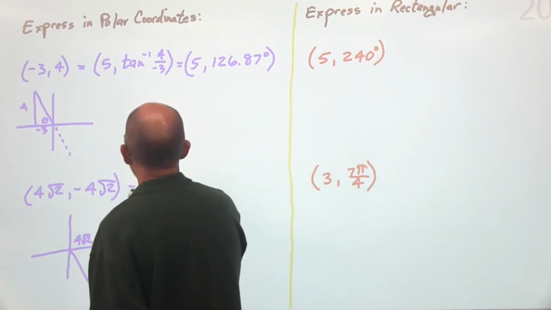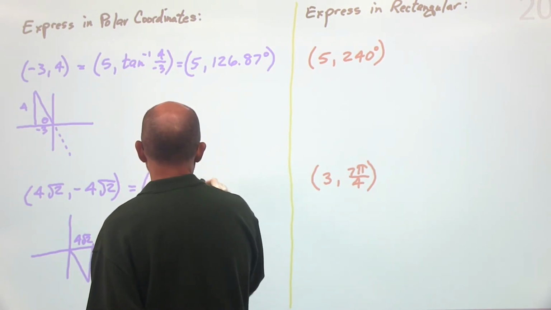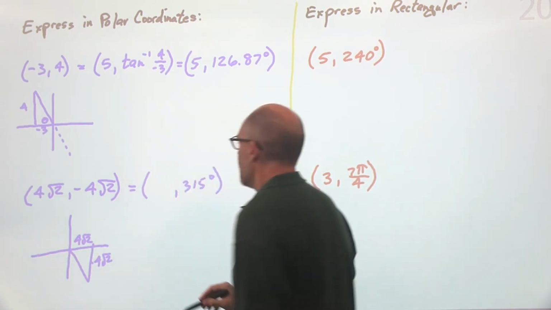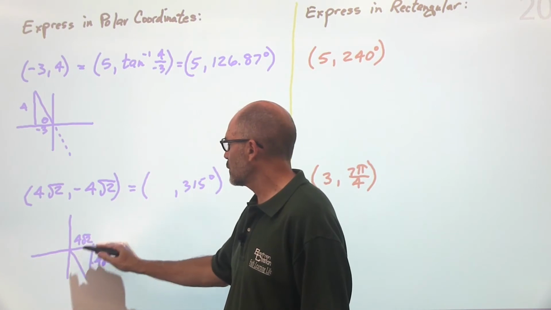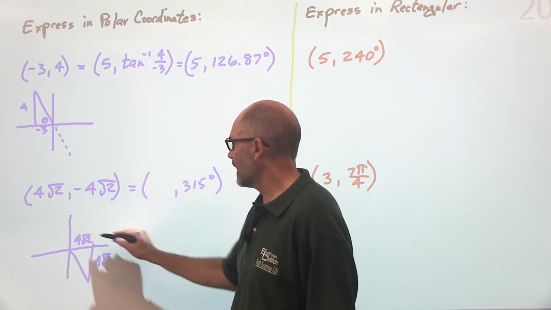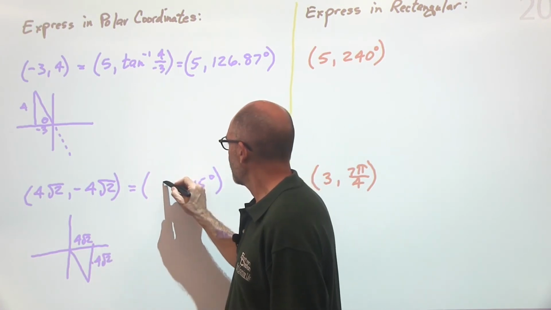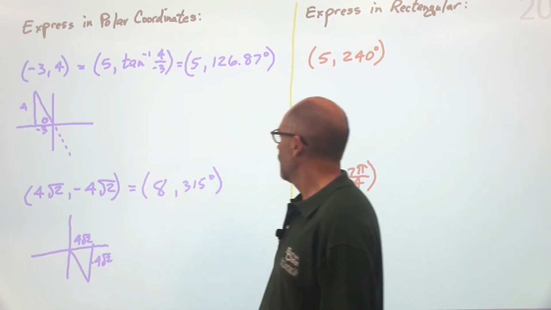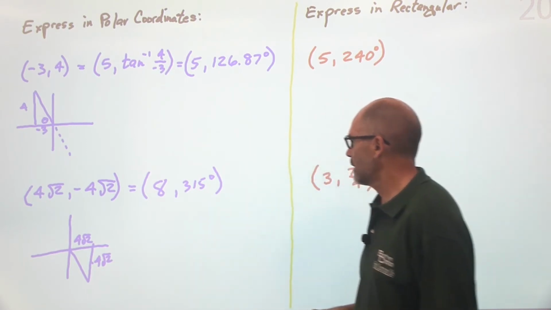So right away I can go, it's something, comma, 315. Now, the magnitude is always going to be the square root of 2 times either one of the legs. So that just makes it 4 times square root of 2 times square root of 2, which is 4 times 2, which is 8. So that's it, 8, comma, 315 degrees.